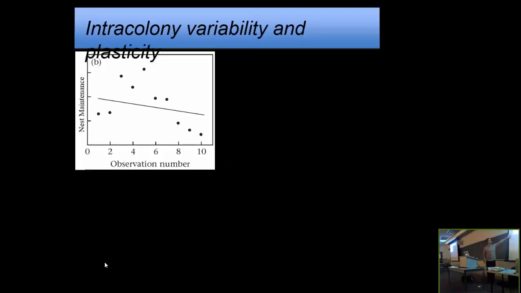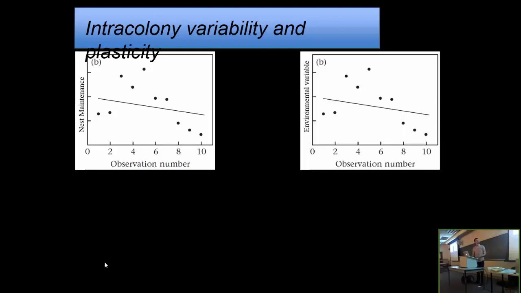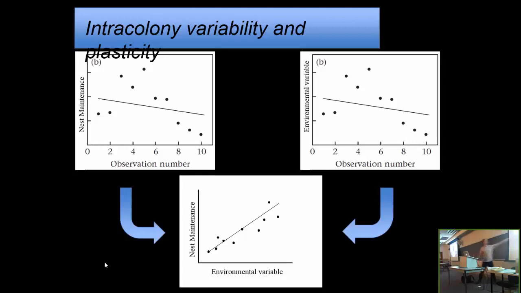Try to think through things in this way, where if we look at this variability of nest maintenance behavior over a number of observations and see an individual that's fluctuating, it's been noted in some of the studies of intra-individual variability that one is not able to discriminate whether there's some unmeasured environmental variable that may be fluctuating in a similar way that would suggest that this intra-individual variability is actually just unmeasured plasticity.